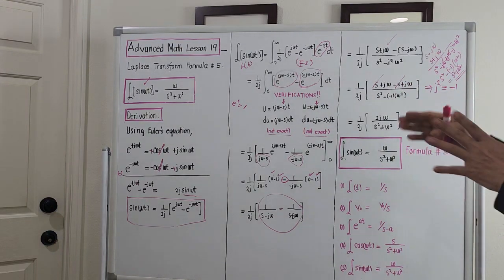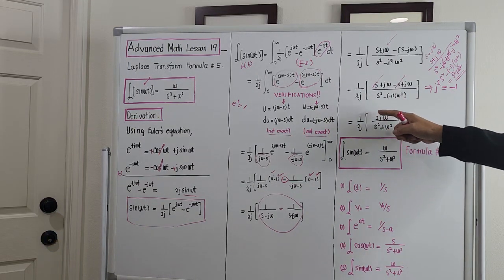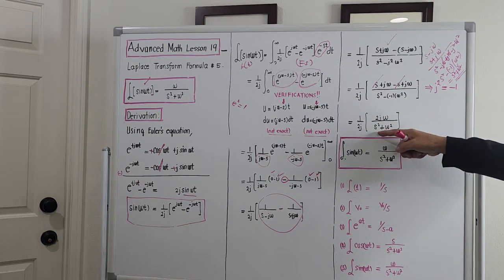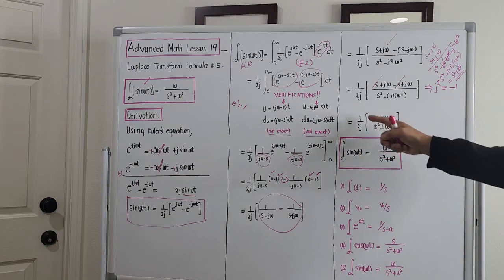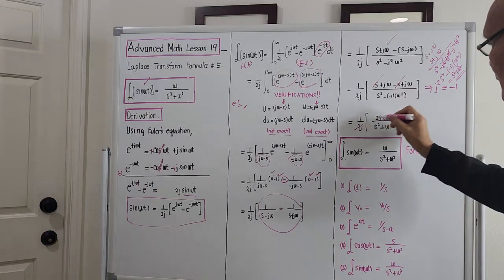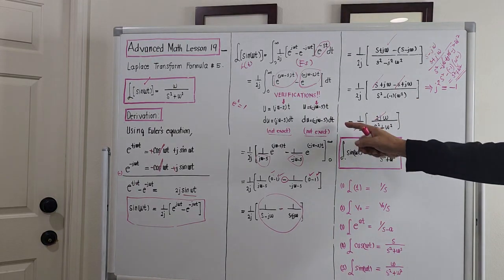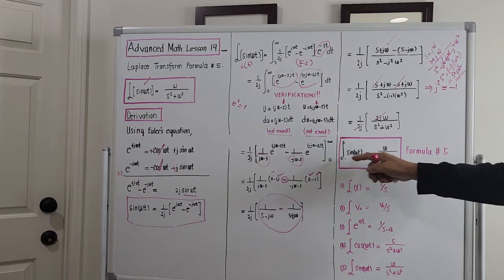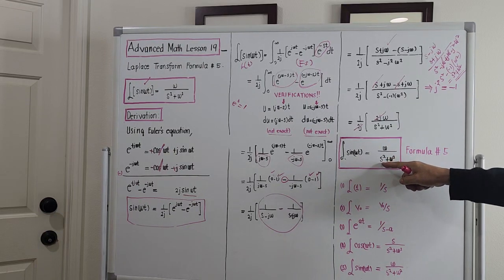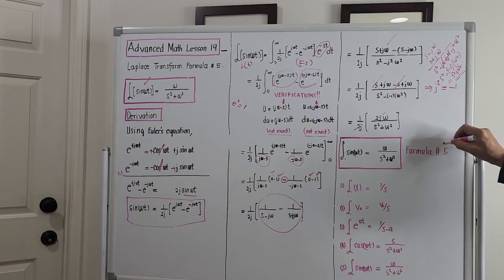They are similar terms, so it will just be simply 2j omega, all over s squared plus omega squared, times the 1 over 2j. And luckily, this 2j here cancels with this. So what comes out now for the Laplace transform of sine of omega t should be equal to omega all over s squared plus omega squared. And this is formula number 5.